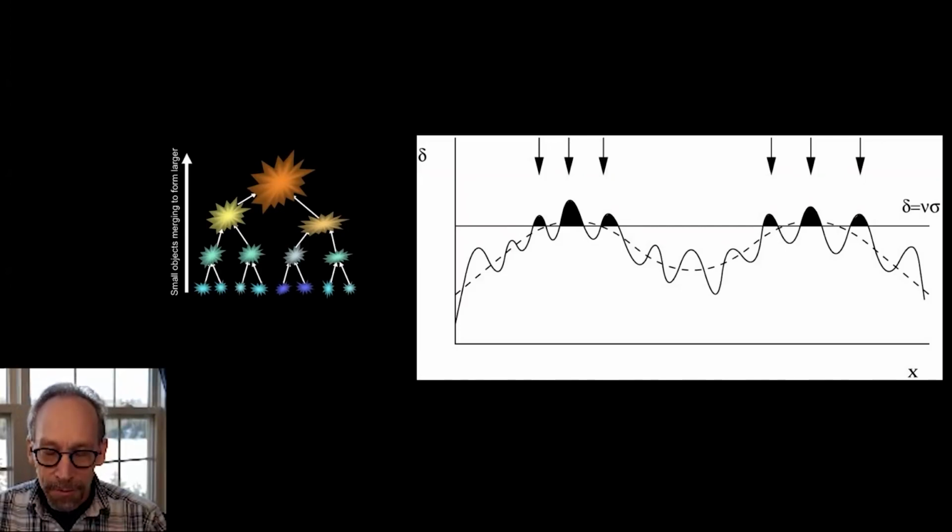Dark matter is necessary, we think, for galaxies to form, because if normal matter is all there is, there isn't enough time since the Big Bang for small lumps of matter to have collapsed into stars and galaxies.